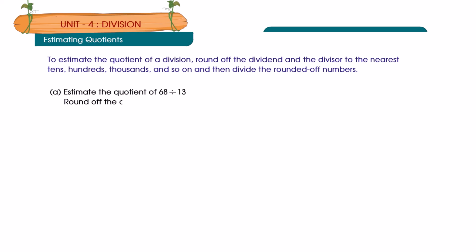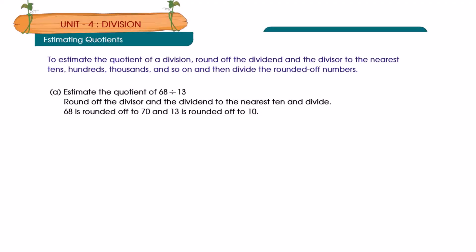Round off the divisor and the dividend to the nearest 10 and divide. 68 is rounded off to 70 and 13 is rounded off to 10. Divide 70 by 10. 70 divided by 10 is equal to 7 as the quotient and 0 as the remainder. The estimated quotient of 68 divided by 13 is 7.